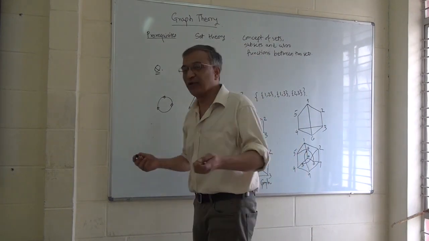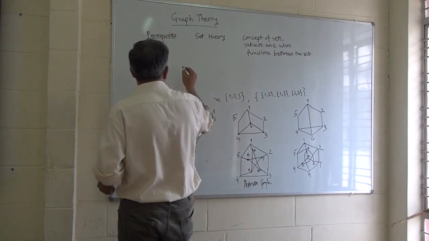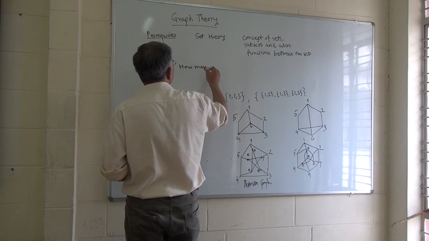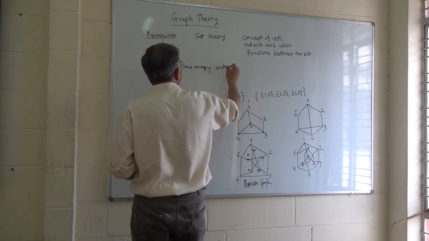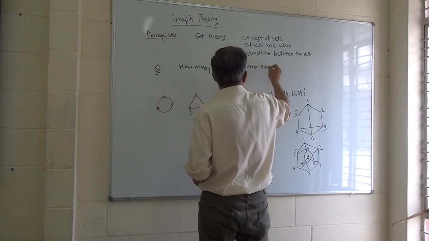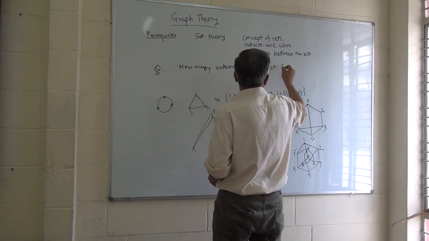I will just write down the question and then I will explain the graphs. So how many automorphisms exist for a graph G?